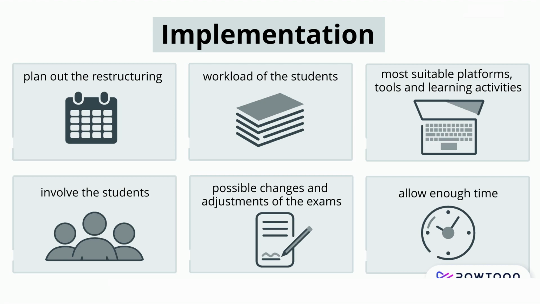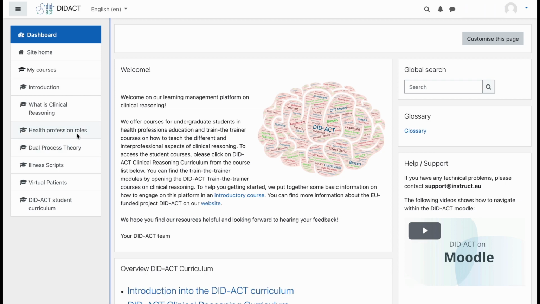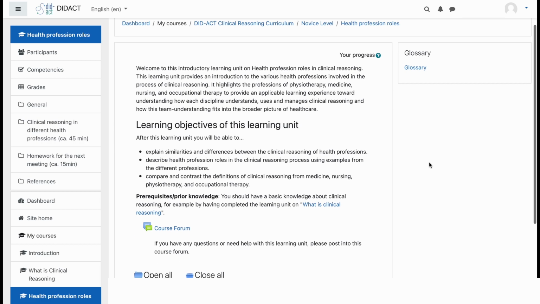In the following, we would like to give you an example of a blended learning unit from the DIDAC curriculum. The learning unit on health professions roles and clinical reasoning is organized in 2 phases. Phase 1 is an asynchronous online preparation in Moodle, followed by Phase 2, which is a synchronous meeting with a tutor and all course participants.